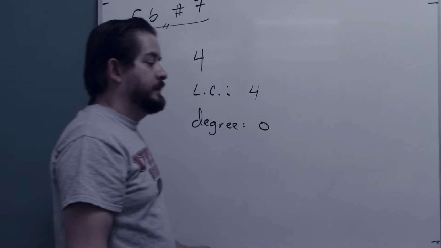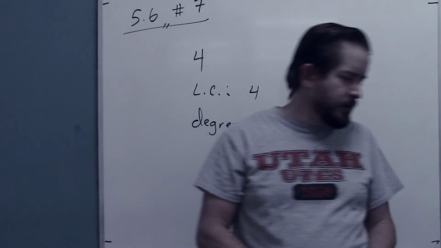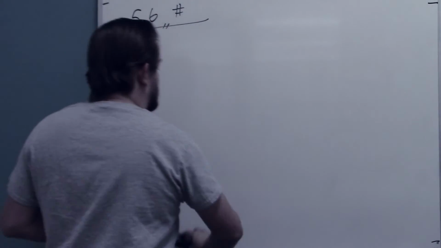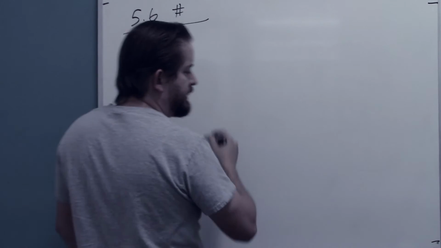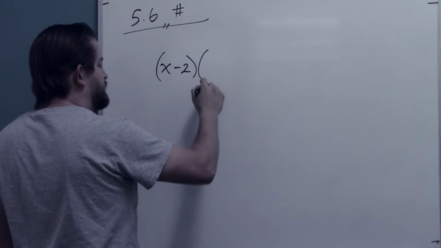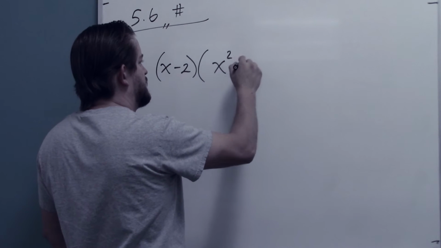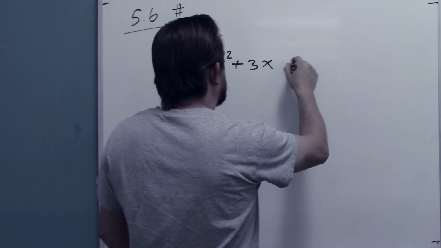Let's look at number 14. There's a few problems like this that they ask you to do. It says multiply and then simplify, and so I have this x minus 2 gets multiplied by x squared plus 3x minus 2.